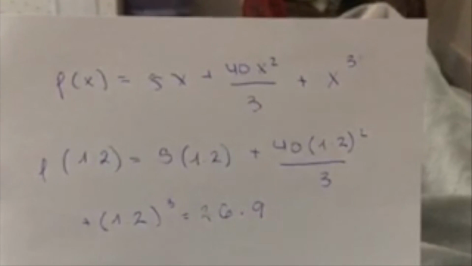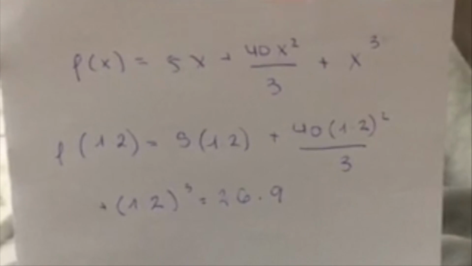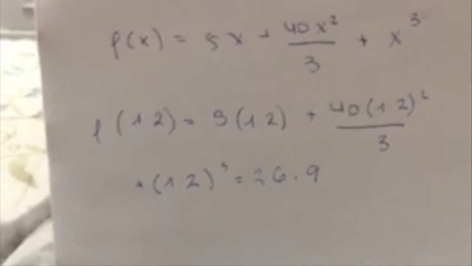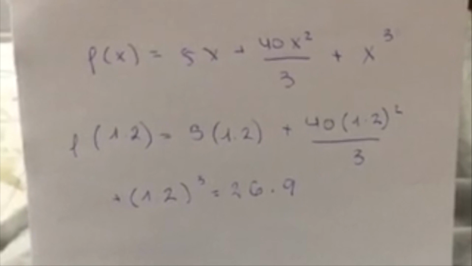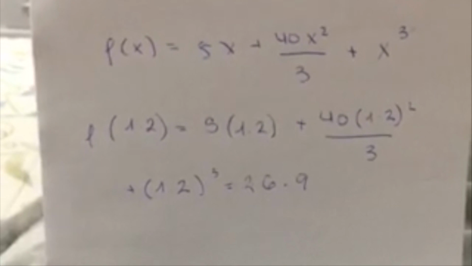So in the function 5x plus 40x squared over 3 plus x to the power of 3, we're going to substitute x by 1.2 to see the value that it gives us.